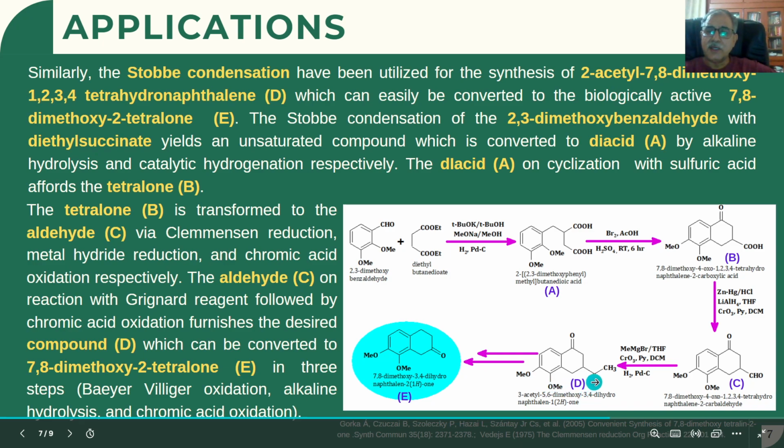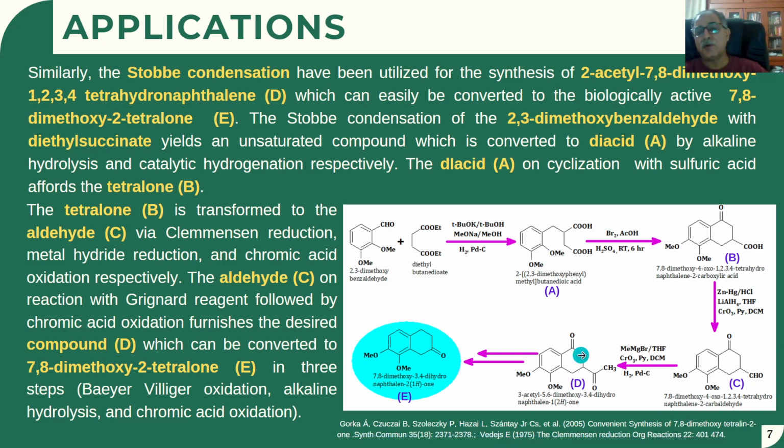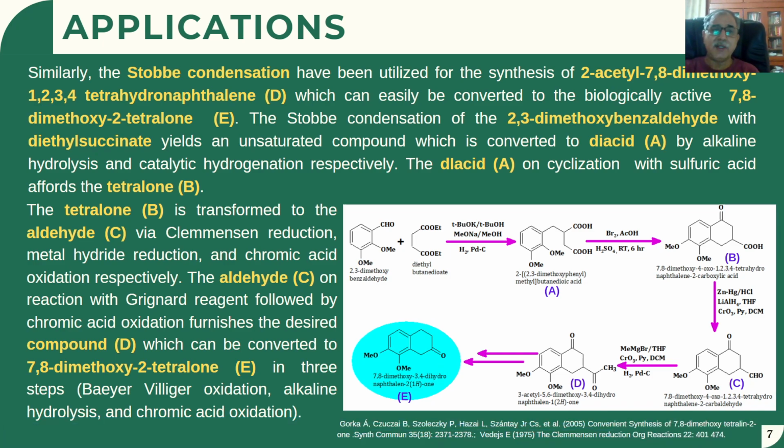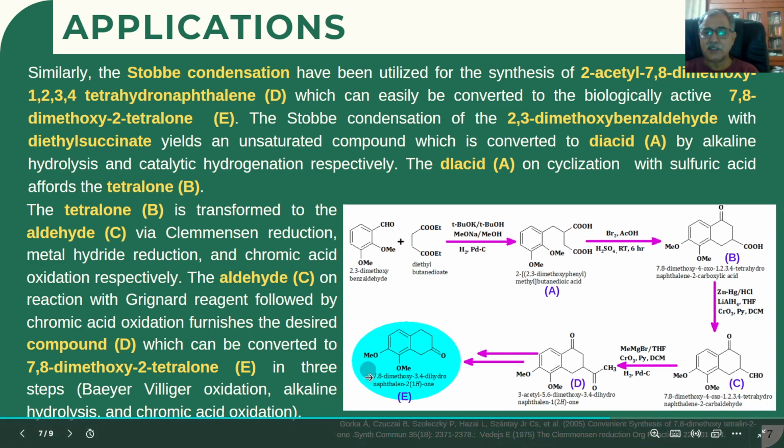First, this compound will undergo Baeyer-Villiger oxidation, and the product will then undergo alkaline hydrolysis followed by chromic acid oxidation to give us these types of 7,8-dimethoxy 2-tetralone derivatives. And again, these tetralone derivatives are also biologically active compounds.